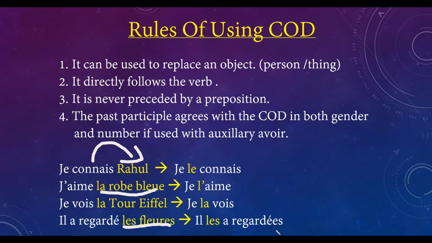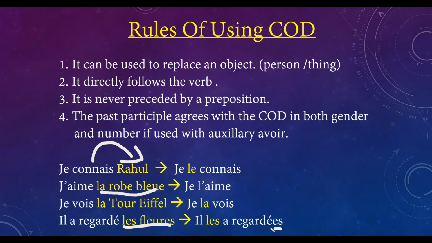Now the point is, why have I added e and s? That's what the fourth point is talking about. The past participle agrees with the COD. What is the COD? Les. In both gender and number if used with avoir. So this is feminine plural. So the past participle here has to agree with les. Now les is replacing fleurs and fleurs here is feminine plural.